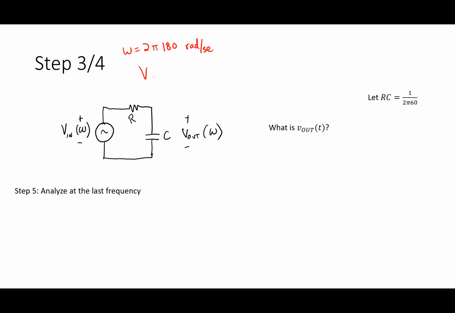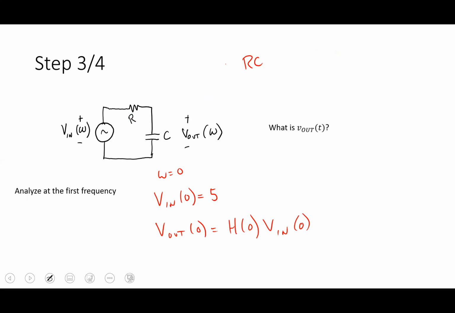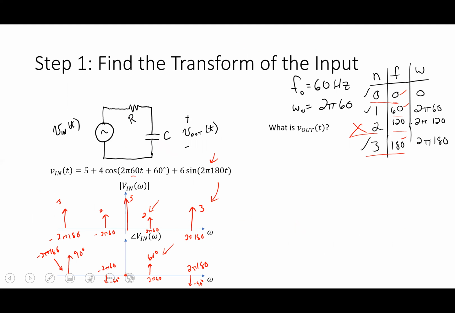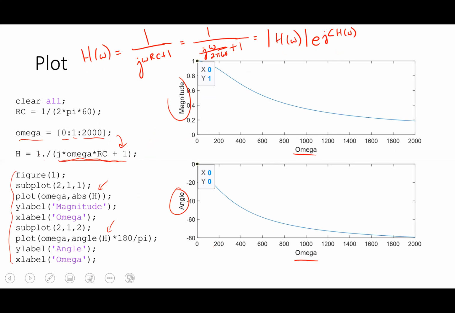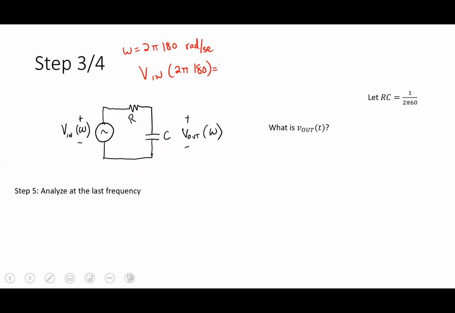And V in at 2 pi 180, if I go back a couple of slides, was equal to a magnitude of 3 with an angle of -90. Okay, magnitude of 3 with an angle of -90.